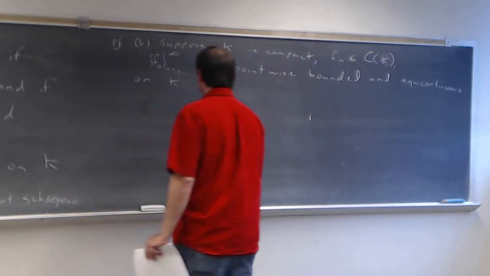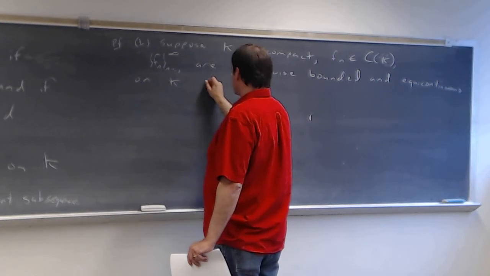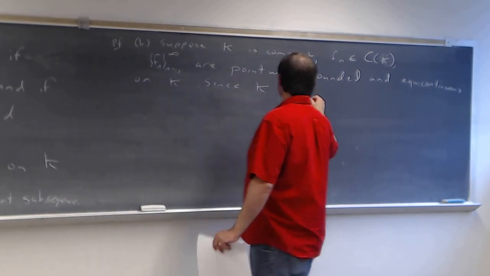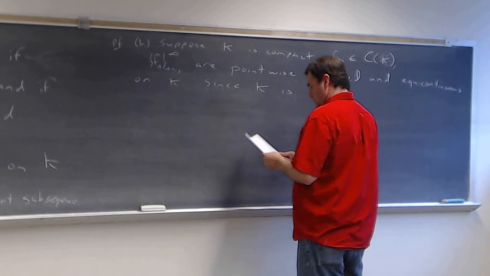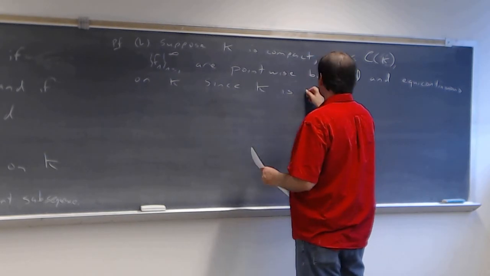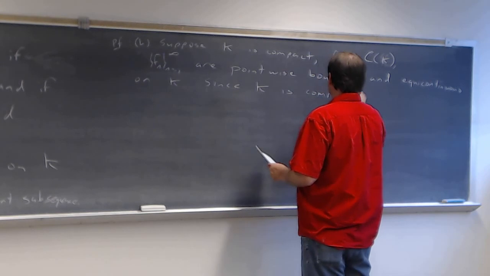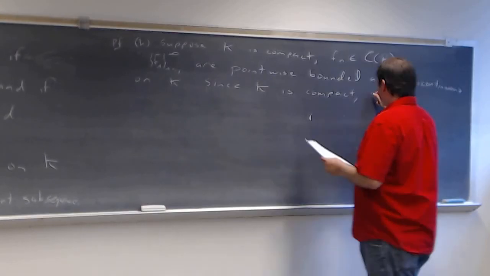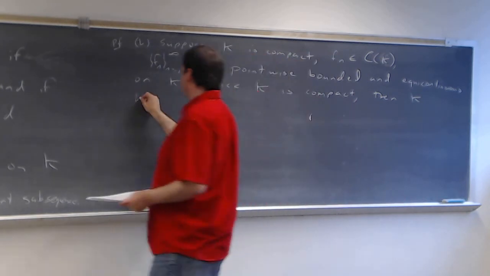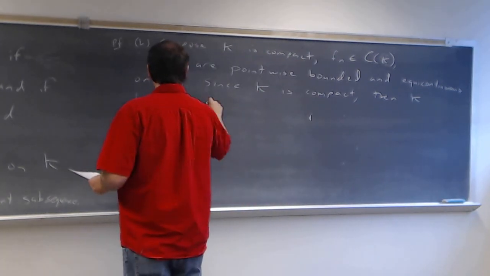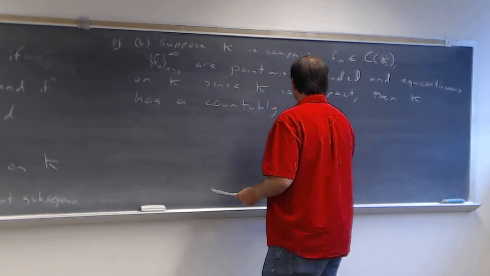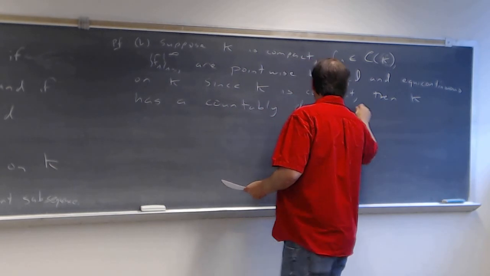Now, as a fact, I'll just say that since K is compact, then K has a countable dense subset.